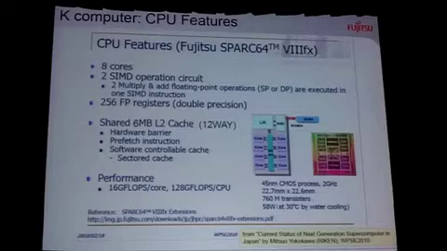The performance is 16 gigaflops per single core, and a total of 128 gigaflops per CPU at about 58 watts. And here's our target system.